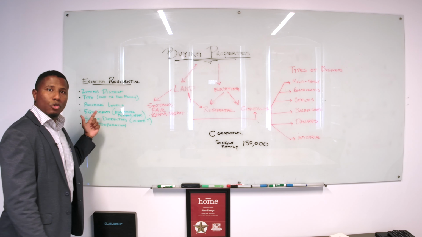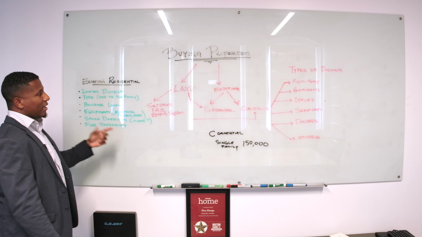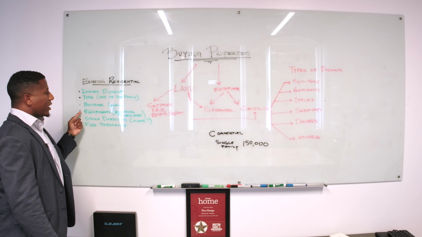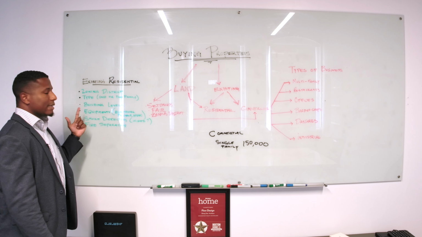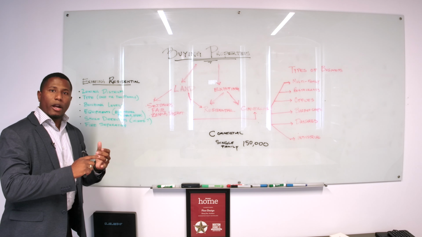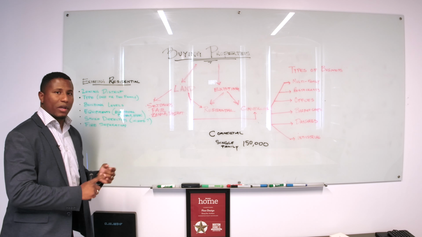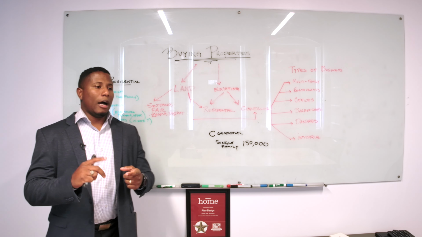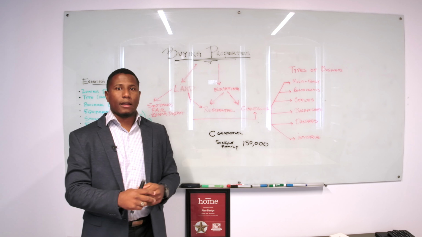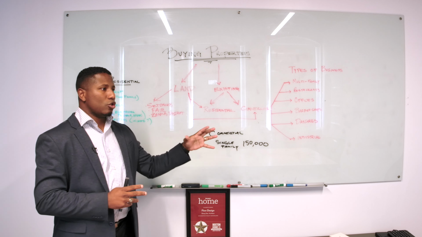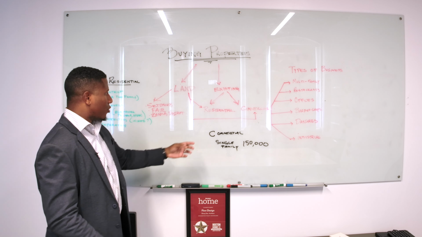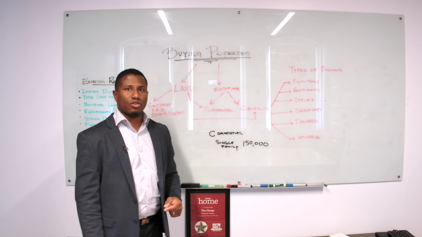Another aspect you should pay attention to when you're trying to develop an existing residential unit is the existing equipment: where your electrical panels are located, HVAC units, your furnace, where your oil tank is. Pay attention to these things because they are very important when you are trying to develop a residential property.